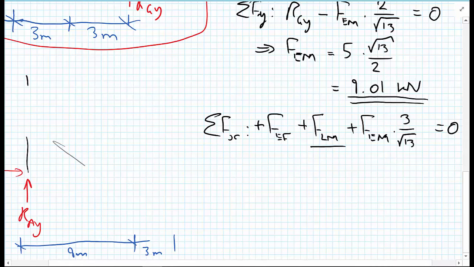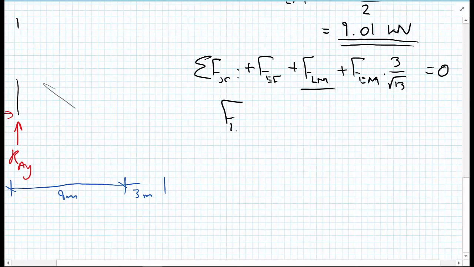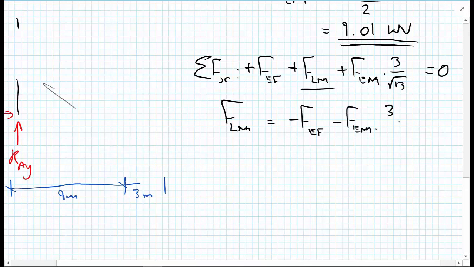So we're looking for FLM, so we need to rearrange for FLM. So we get FLM equals minus FEF, then minus FEM multiplied by 3 over root 13.